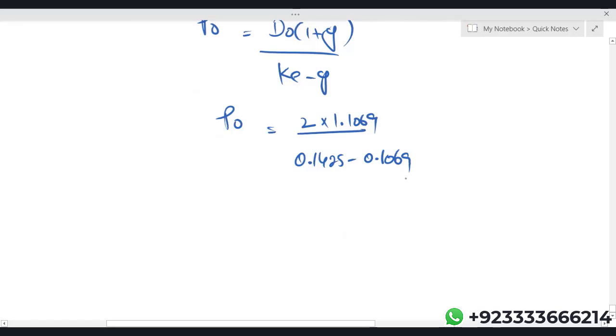We get 62.18, or 62, 63, all are acceptable.